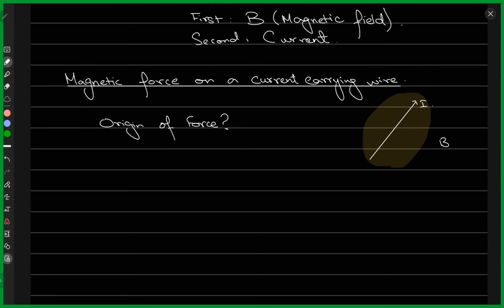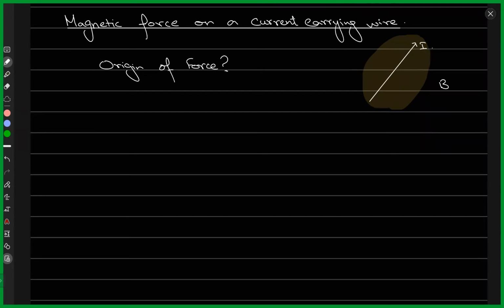Now we can discuss that because we know that if I have a moving charge, so this wire that I have, it can also be used to show that if this is the electronic charge, this is the path of this electronic charge in the wire in the direction of the current.